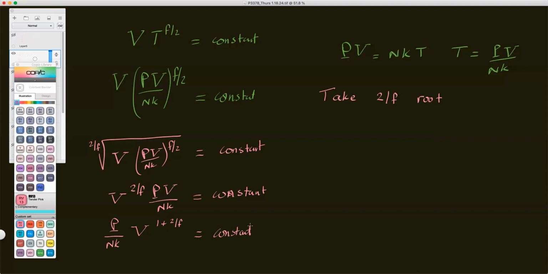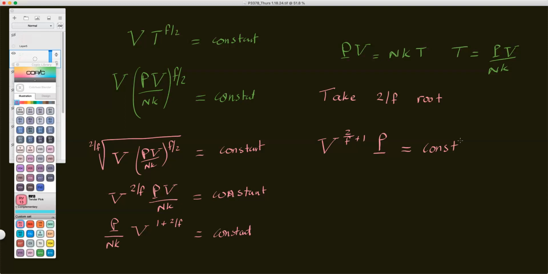Also, I can take that NK, which is a constant as well, and multiply it times my constant, so I can get rid of it. It's all just incorporated into that constant. So coming up here, we have V to the 2 over F plus 1 times P is equal to a constant again, just a different constant.